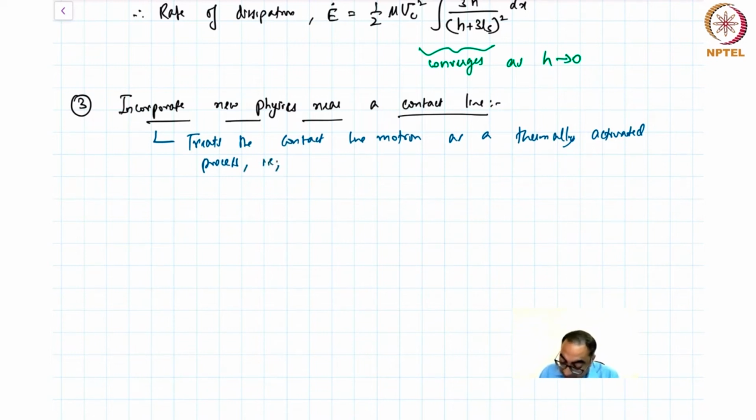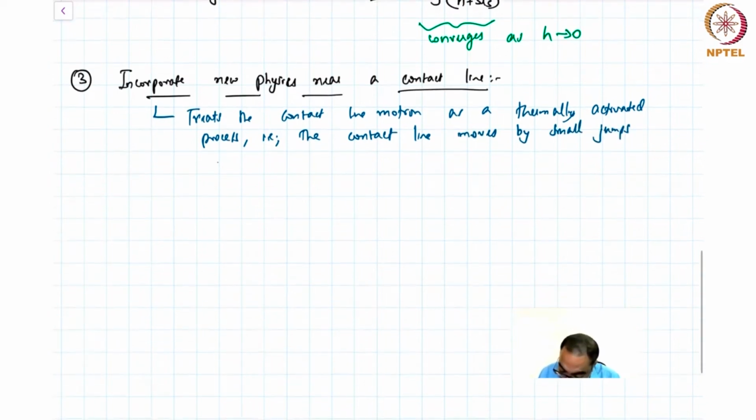This model treats the contact line motion as a thermally activated process. The contact line moves by small jumps due to thermal fluctuations.